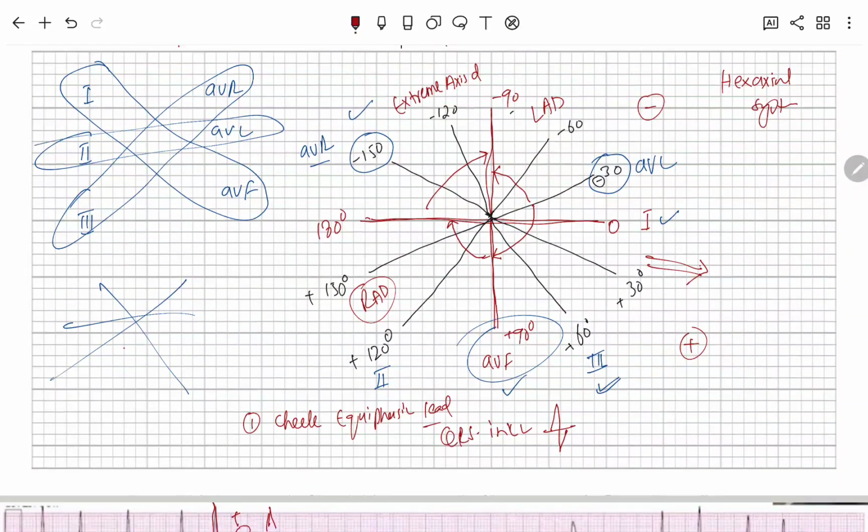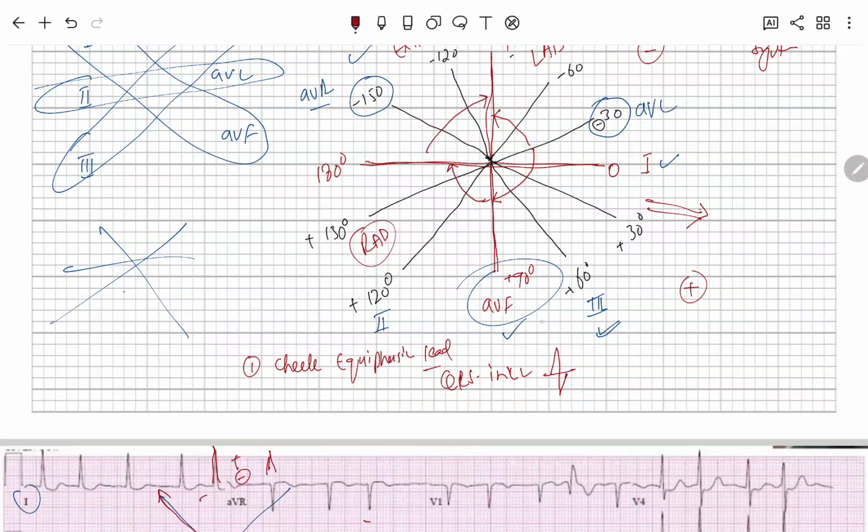We have seen that lead AVF is equiphasic. Lead 1 is on the perpendicular side, and the QRS complex was facing upward, in the positive direction. This means the vector is at 0 degrees, right?